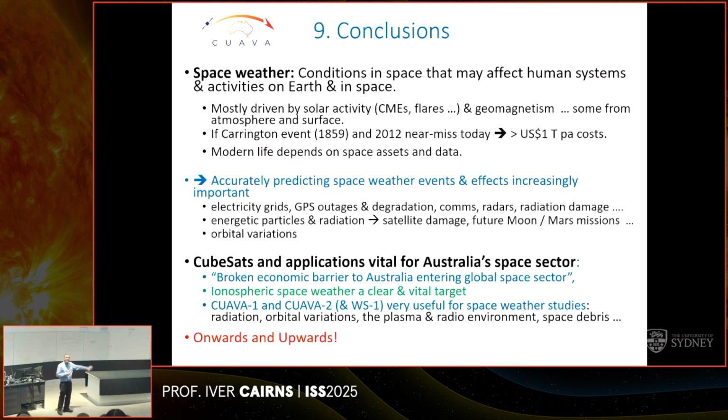That's something that we and people from all of the nations here could do usefully, and do it at a tiny fraction of the $1 billion cost that's predicted. But we can do really useful space weather, even with small CubeSats, and that's including radiation, it's orbital variations.